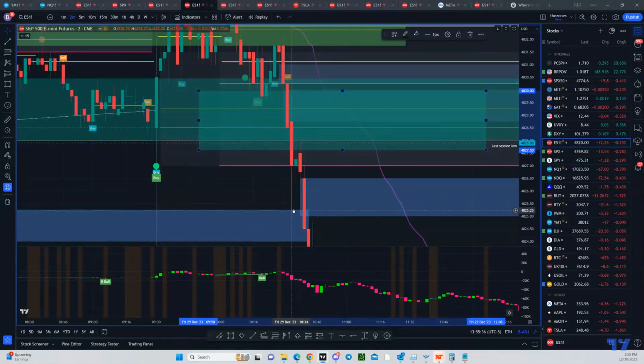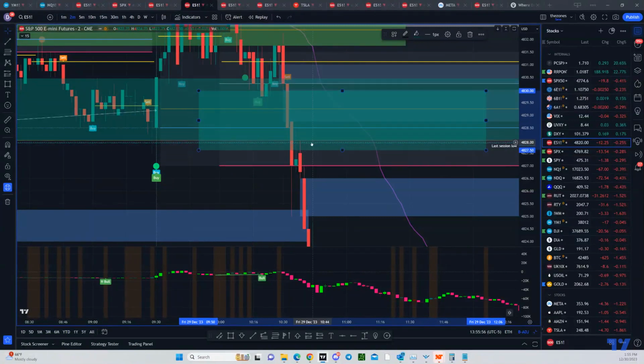this is a 2-minute chart. We came back into here, came back up inside the zone, and here we got sellers coming in. This candle closed right here. This one opened.